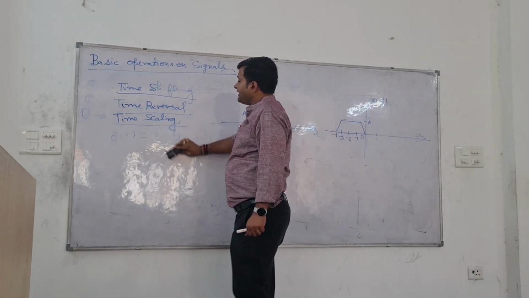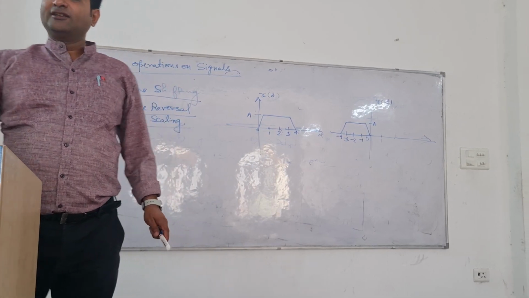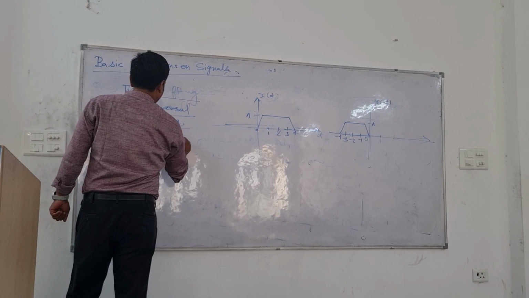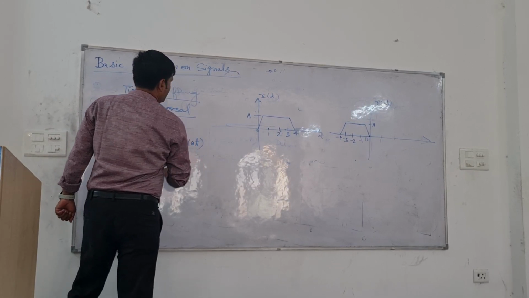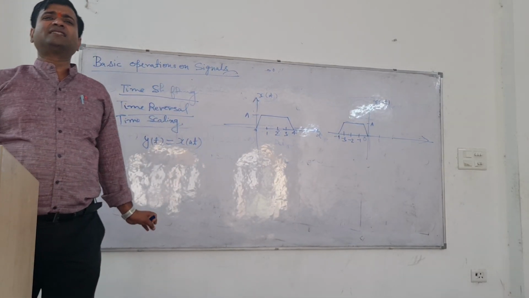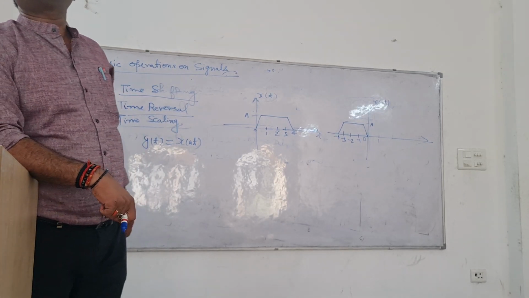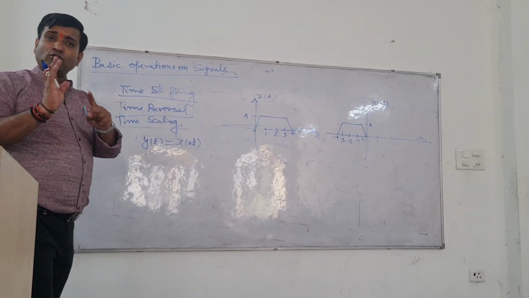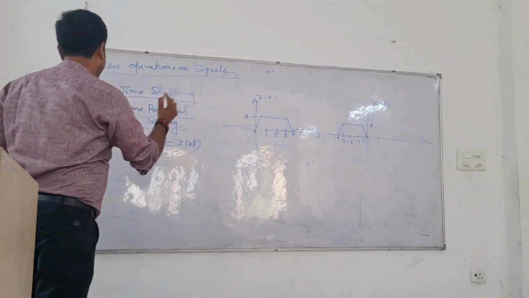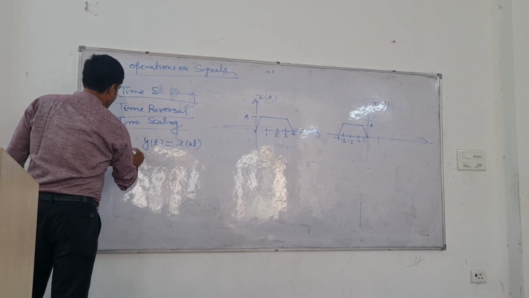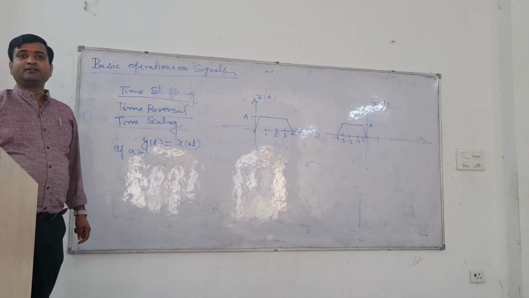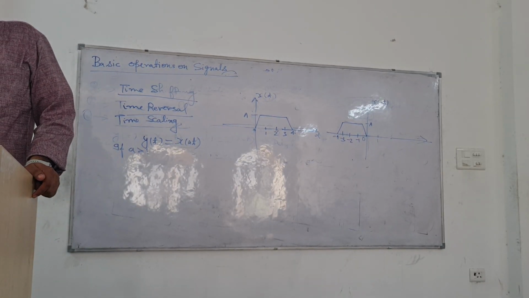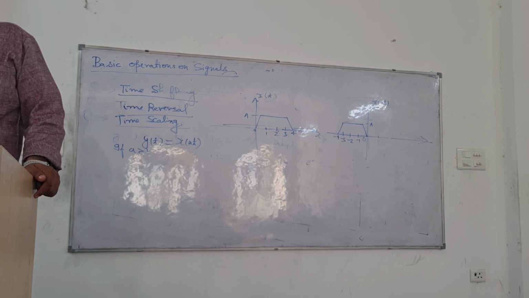Taking any signal, y(t) is equal to x(at). This is a generalized mathematical expression. Here A is the scaling factor. There are two cases. If A is greater than 1, it is time compression.